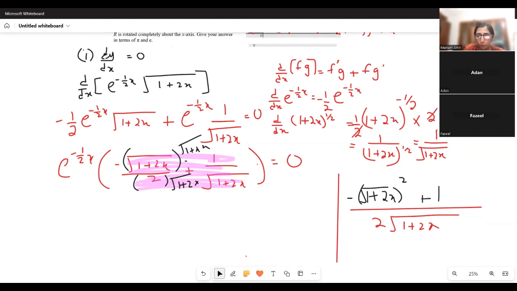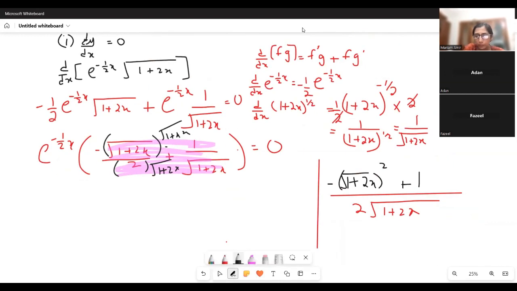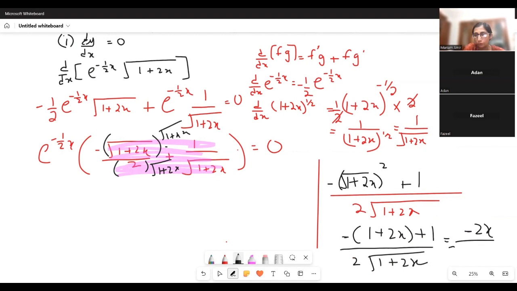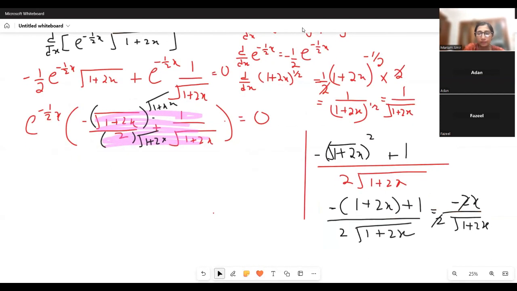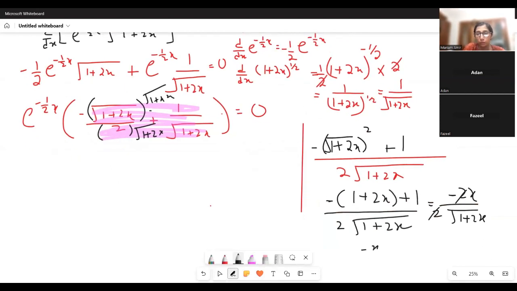So the square root opens, the square and square root cancel out and we get negative (1 + 2x) plus 1 upon 2 radical 1 + 2x. So that's just giving us negative 2x upon 2 radical 1 + 2x. The 2 and 2 cancel, so minus x upon radical 1 + 2x.